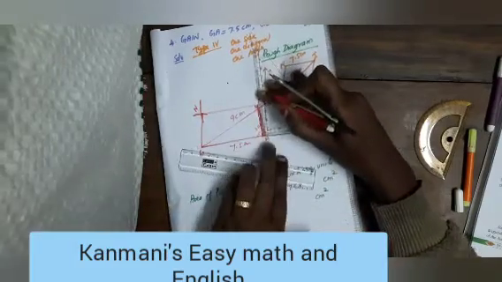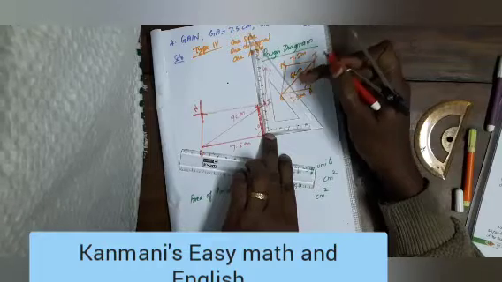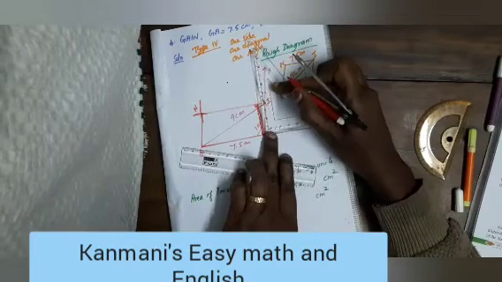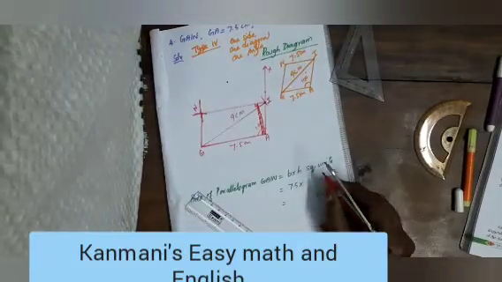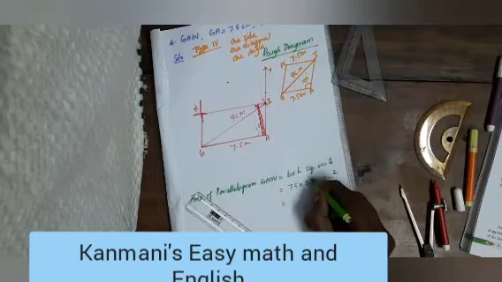We can measure and see the height of this. So this is 3.8, or yes, 3.8. So base is 7.5 and height is 3.8.